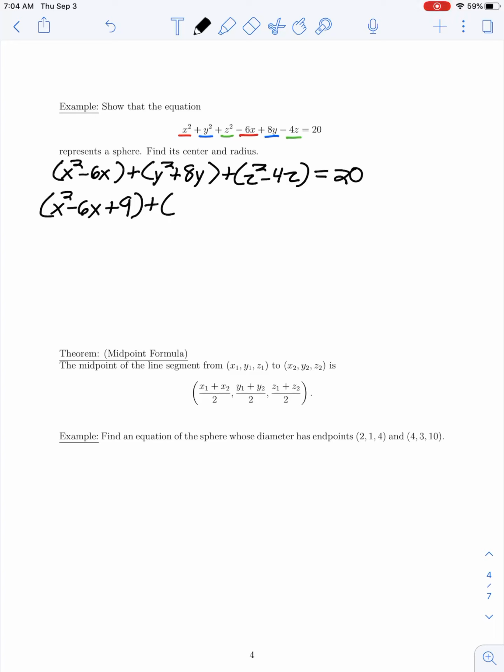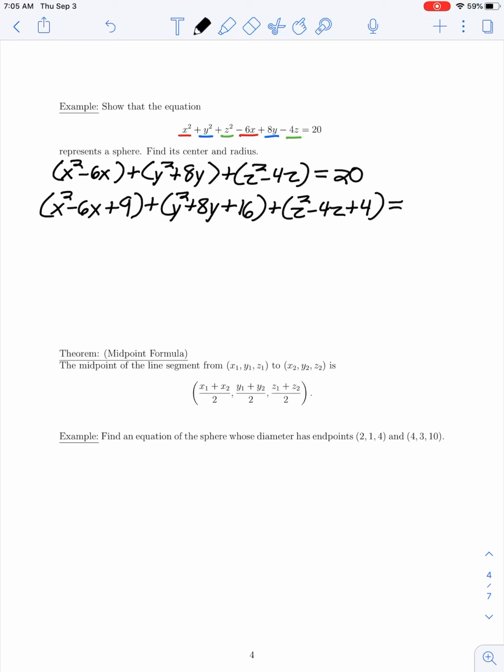Then for my y quadratic, I have y squared plus 8y. Taking half of that b coefficient for the y quadratic, I would have 4. Squaring that is 16. And then plus for my z quadratic, I have z squared minus 4z. Taking half of that -4, I have -2 squared is 4. So that's what I want to add to that z term.